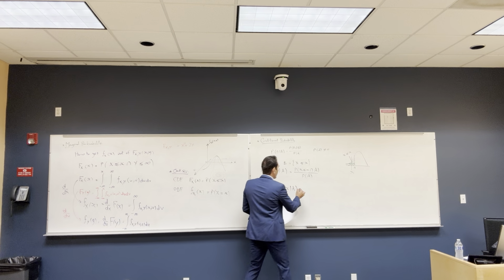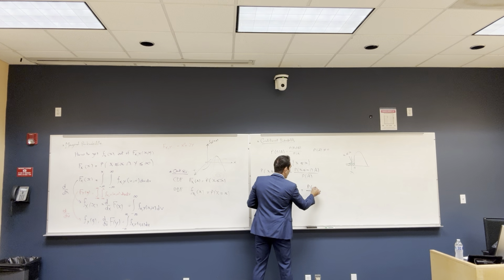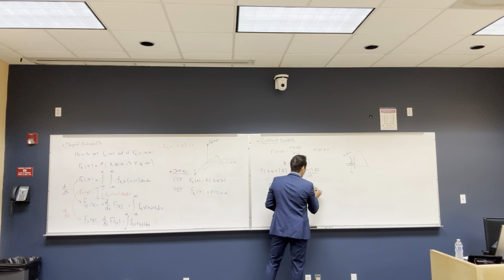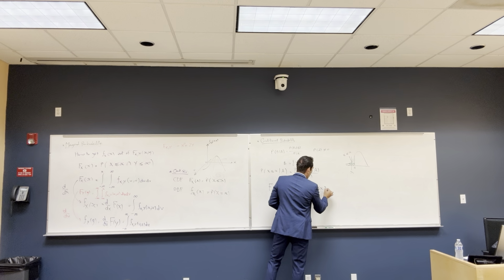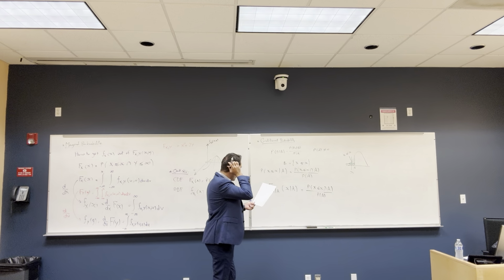And this is equal to the probability of X, my random variable, less than or equal to the assigned value x, intersection A, over the probability of A. All right?